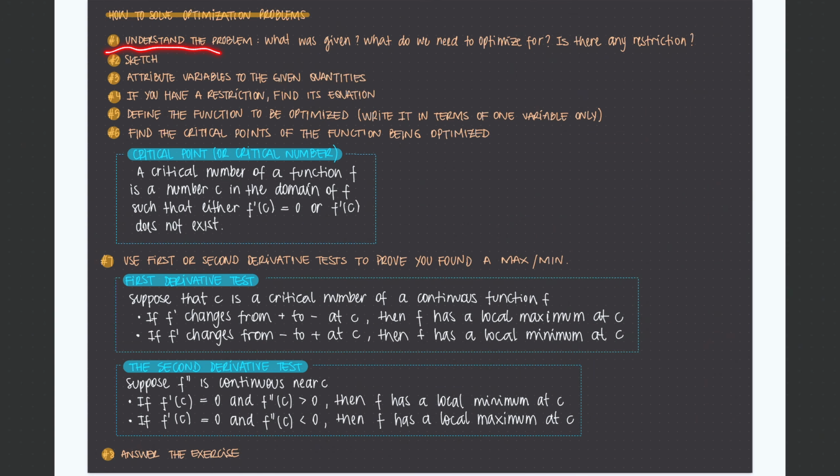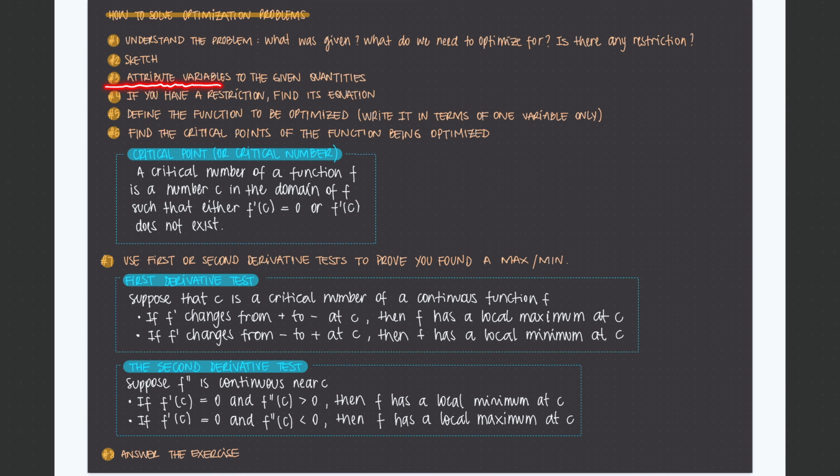Now, going back to the recipe or the step-by-step process for every type of optimization problem, we have the following. First of all, we understand the problem, so answer questions such as what was given, what do we need to optimize for. Then we make a rough sketch. In IB math questions, usually the sketch will be given to you 95% of the time, which is the case here as well. Then we attribute some variables to the quantities which are involved.